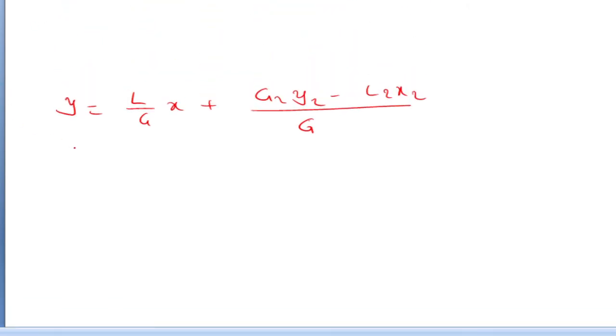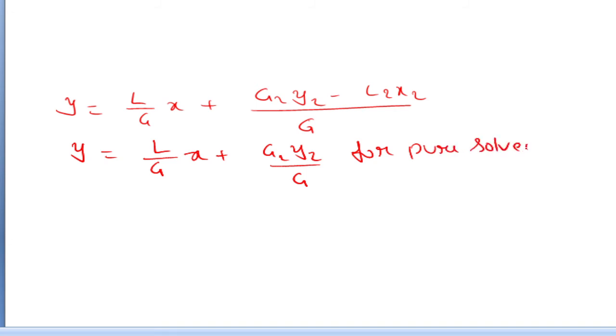And if you have a pure solvent, then the equation becomes like this: y equals L by G x plus G2 y2 by G. This is for pure solvent. See, this nomenclature depends upon the terms you assume. So you can assume your own terminology and do the balance accordingly.